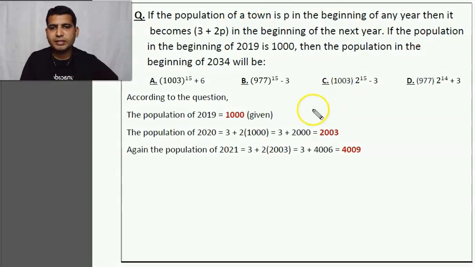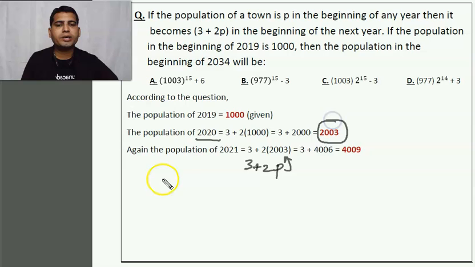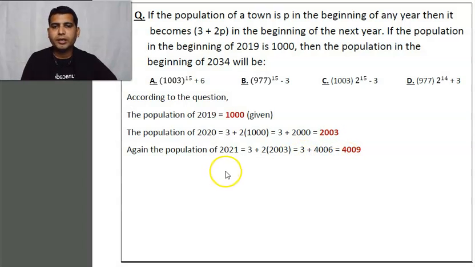So this P becomes the population of 2020, which we calculated as 2003. After calculation, we get 3 plus 2 into 2003, which is equal to 4006, and after adding we get 4009, which is the population of year 2021.